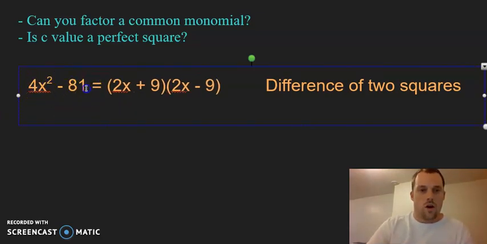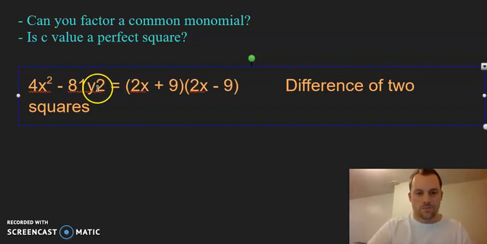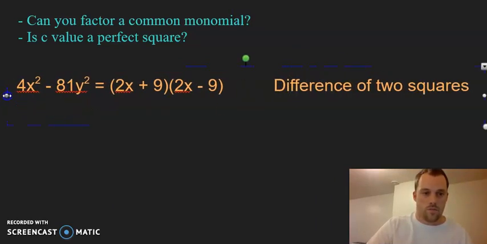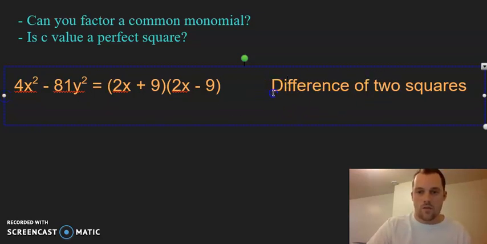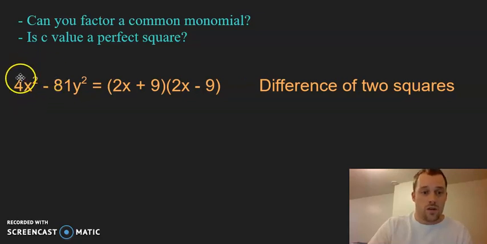When you get into upper level math, you might see some examples where you have multiple variables in your equation or expression. In this case, the 4x squared is still the same, so we still want to keep the 2x and 2x. We still have the negative 81, so the 9 and negative 9 stay put. But now we have a y squared.